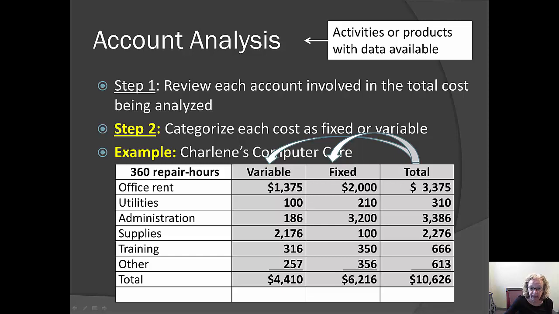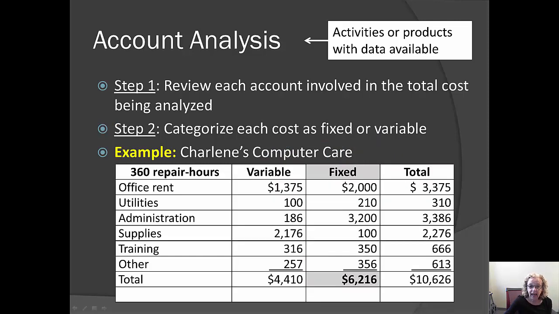Once we've done that, we can add up our total fixed costs, and that is going to be our best estimate of the total fixed cost for this particular product or activity during the period.